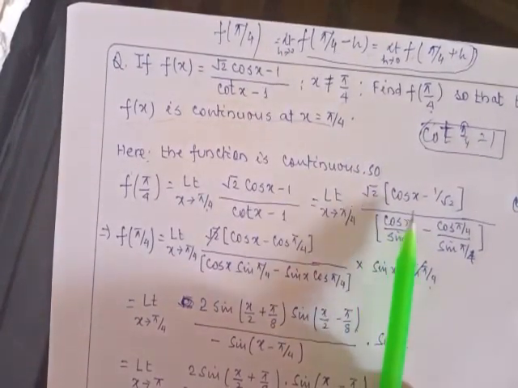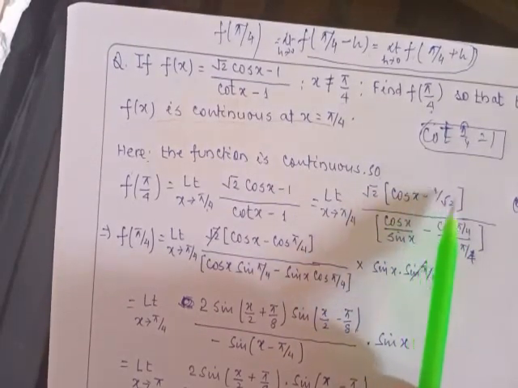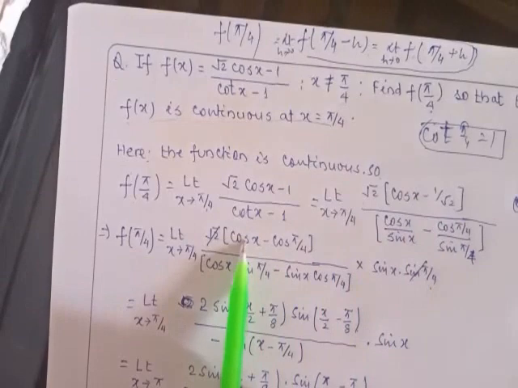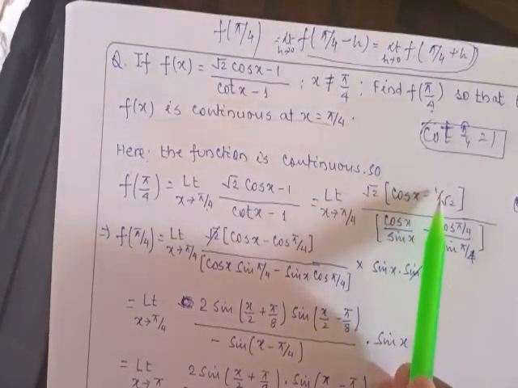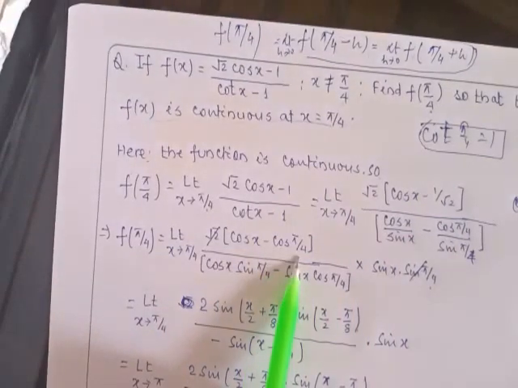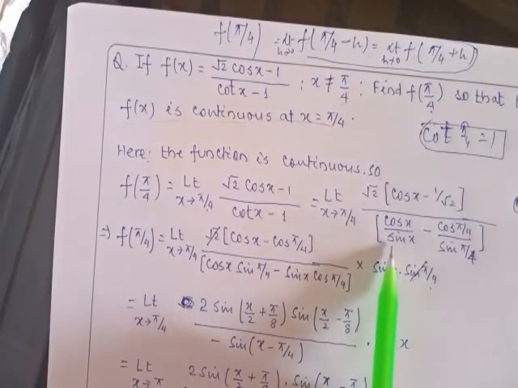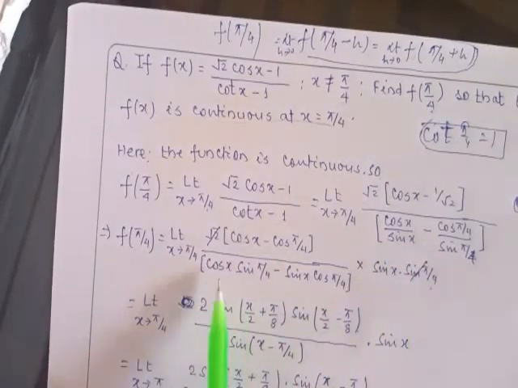Now 1 by root 2 is cos pi by 4. Here the term of cos, so we replace 1 by root 2 in terms of cos pi by 4. In the denominator, take out the LCM. So what should be the LCM? Sin x into sin pi by 4.